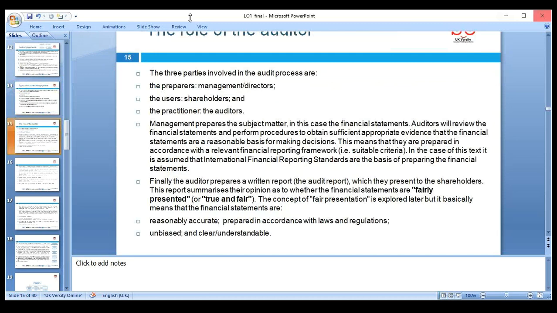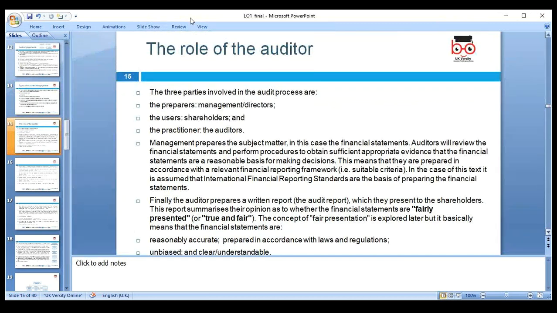Because the details can make the difference. The role of auditors: three parties are involved. Yes, the preparers, management and directors, the shareholders, and the practitioners. At the end of the day, all the focus is true and fair. And we know creative accounting.